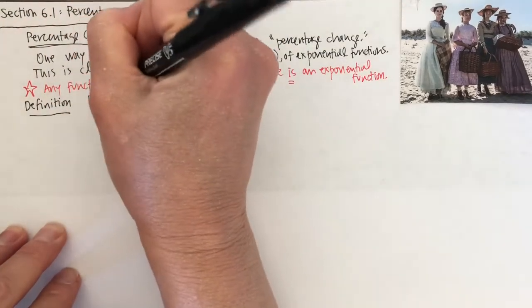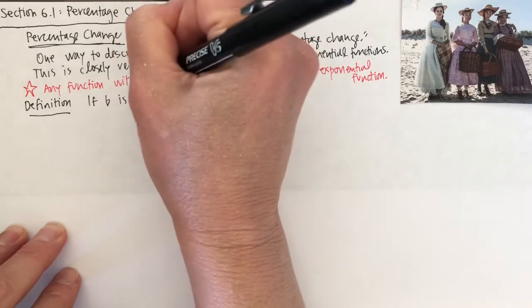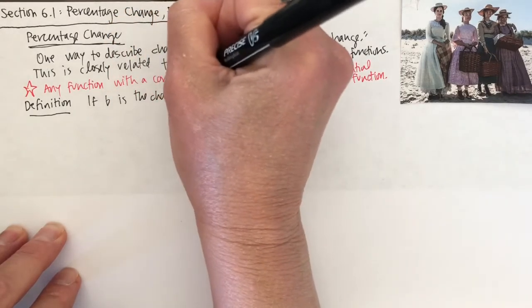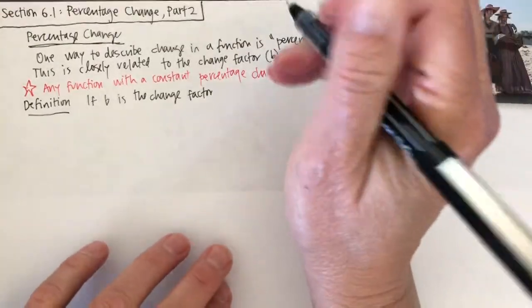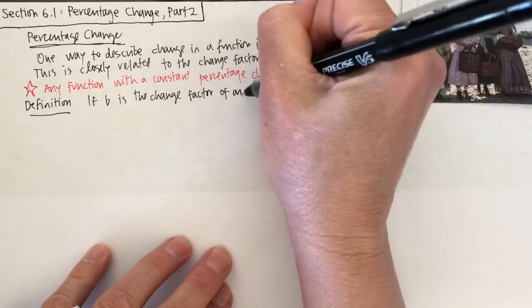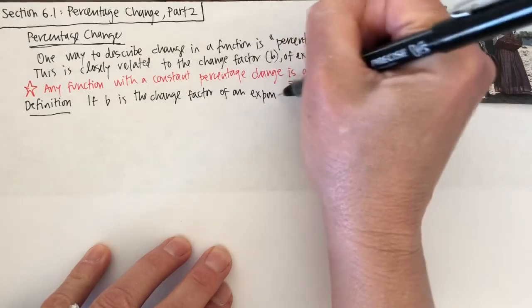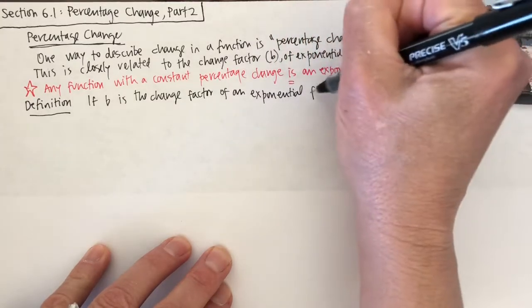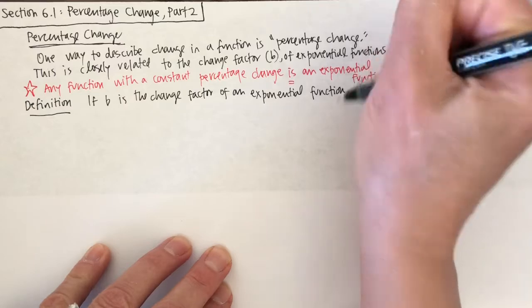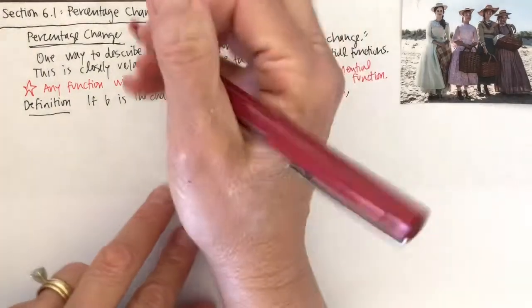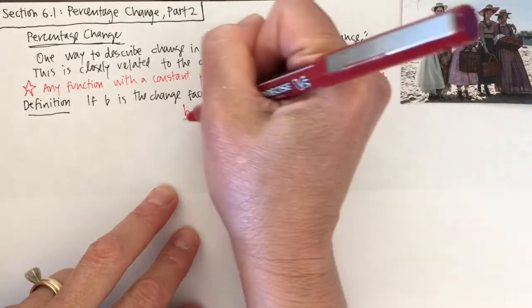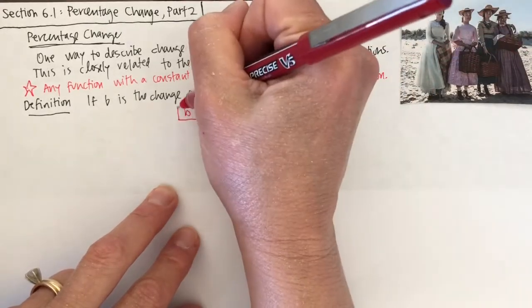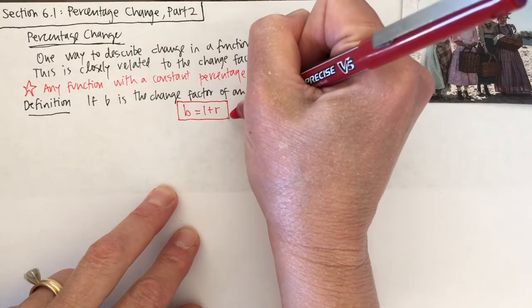If B is the change factor that we've been talking about of an exponential function, then I'm going to give you this formula, B equals 1 plus R. And R, I haven't even told you what that is yet, but I'm just about to.